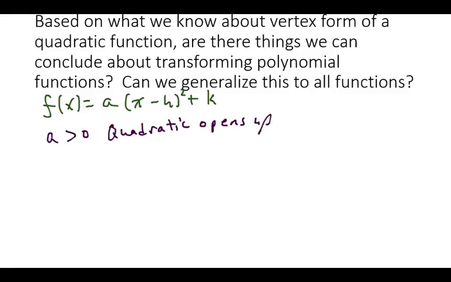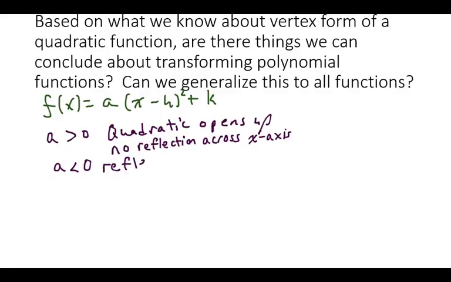That means there's no reflection across the x-axis. And then if a was negative, what did we know? That means a is less than 0. That means it reflects across the x-axis. Right? That was a big deal, wasn't it?